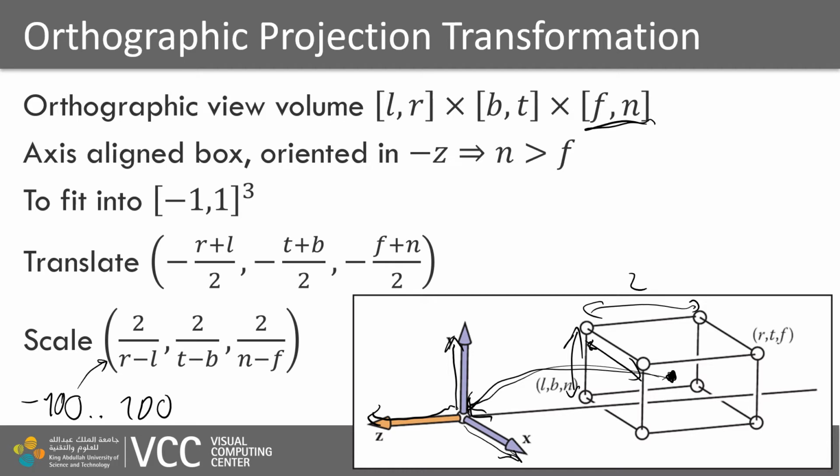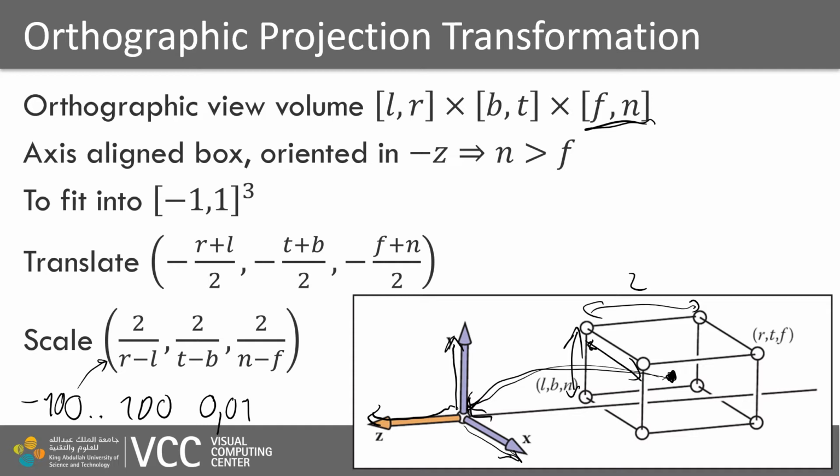If we have here -1 to 1, the length of the interval is 2, and for -100 to 100, the length of the interval is 200. So 2 divided by 200 will be, for this particular case, 0.01, which will be the scaling factor, exactly what we will have for the x. And perhaps we will have similar values for the y and for the z.